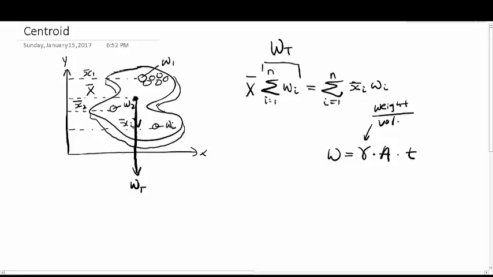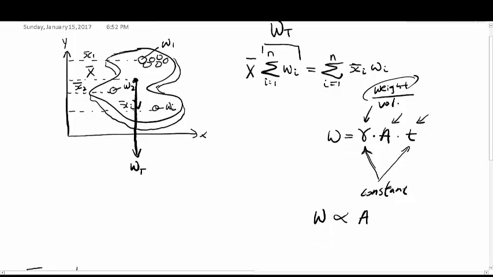So if we have the area times the thickness, we have volume, so we're going to end up with just weight. Well, we said that density was constant, so both the specific weight and the thickness are also constant. That means your weight is proportional to your area.